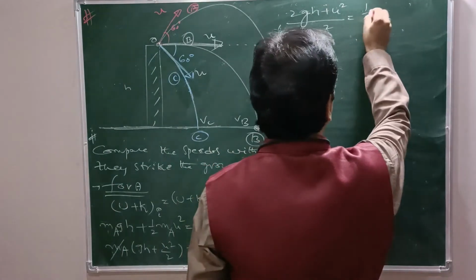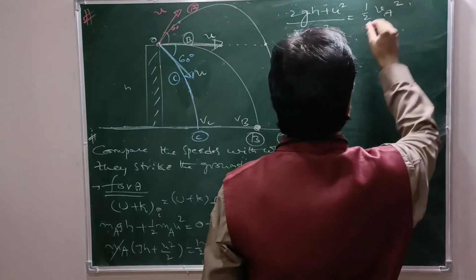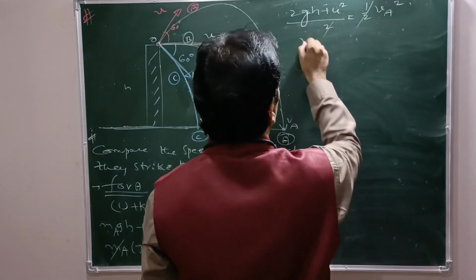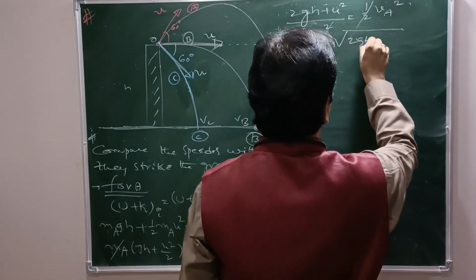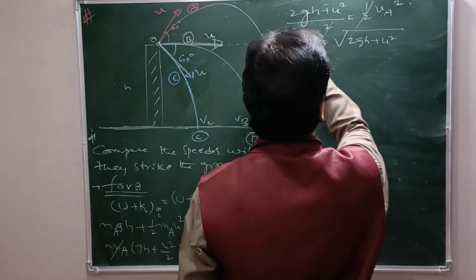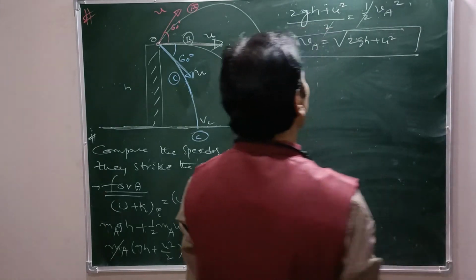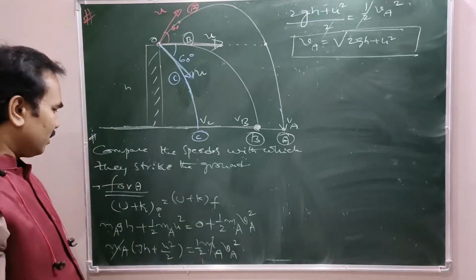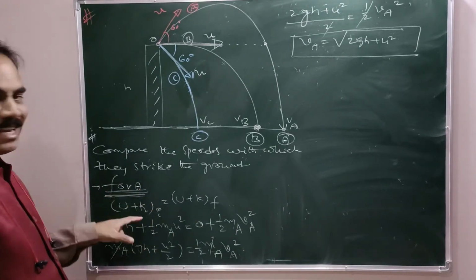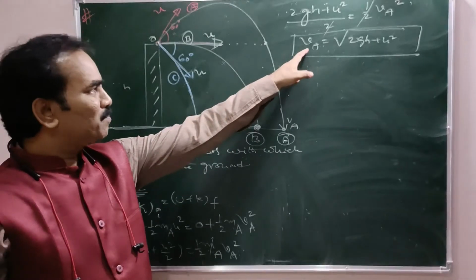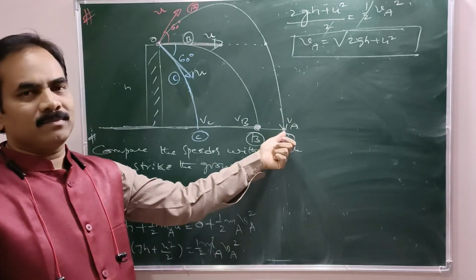The 2 cancels. So VA equal to root over 2gh plus U square. Alright? This is what we calculated for projectile A. This is the speed with which it strikes the ground.